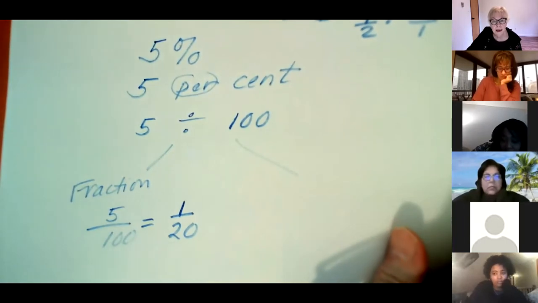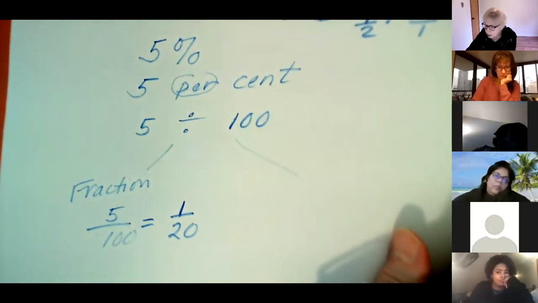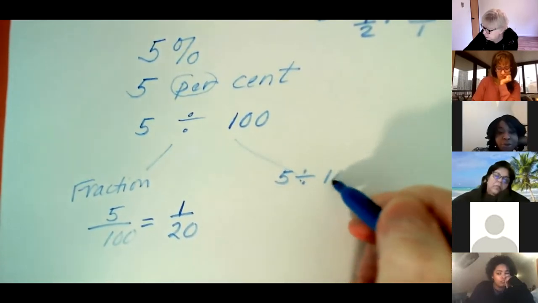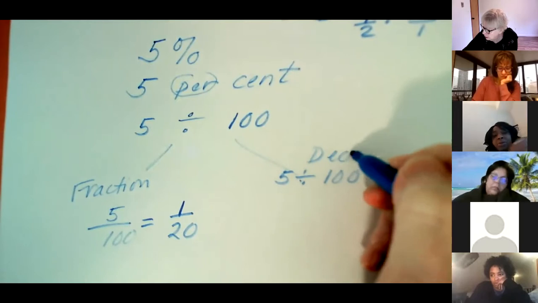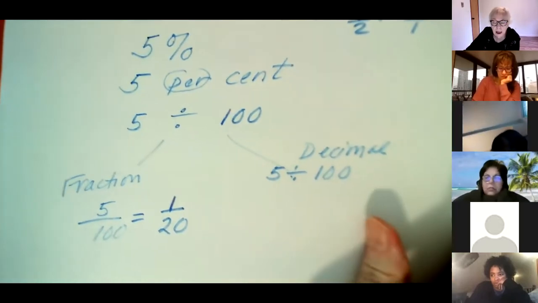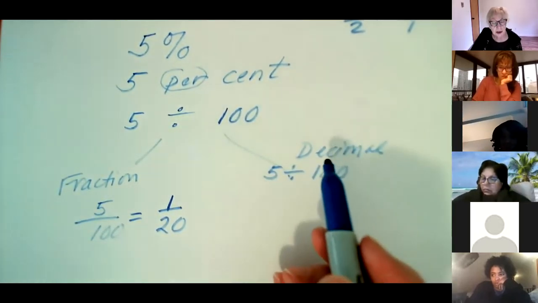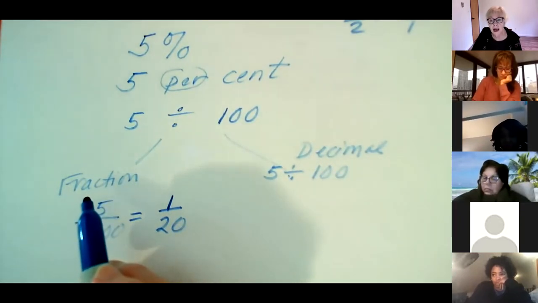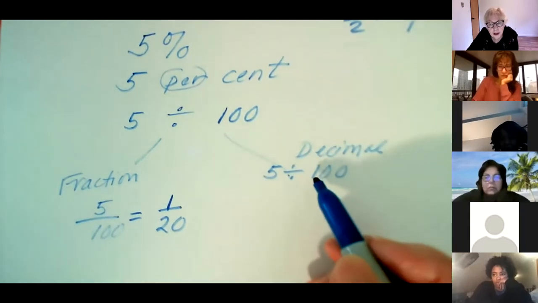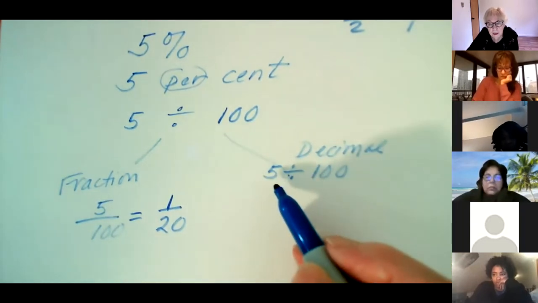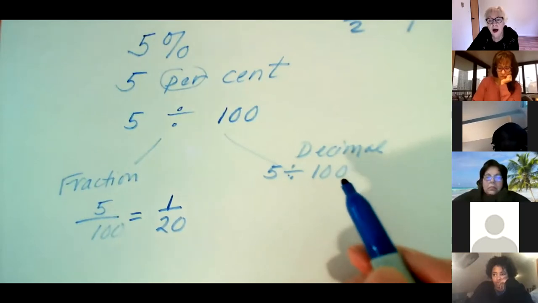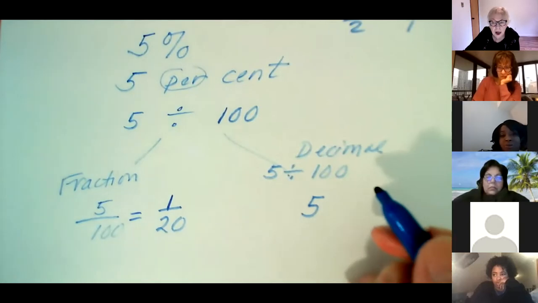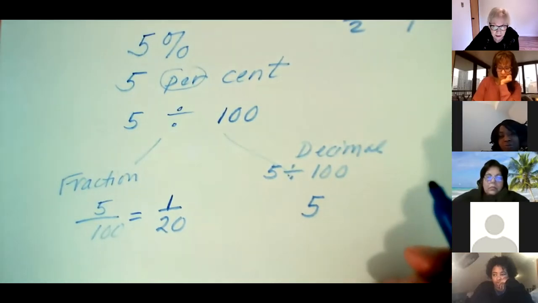5 into 5 is 1, and into 100 is 20. But the other way to do 5% is, when you have 5 divided by 100, to consider writing it as a decimal. Sometimes decimals are easier, and once in a while, fractions are easy, believe it or not. When you have a number divided by 10, 100, 1,000, there's an easy way to do the computation without making a big deal of it.